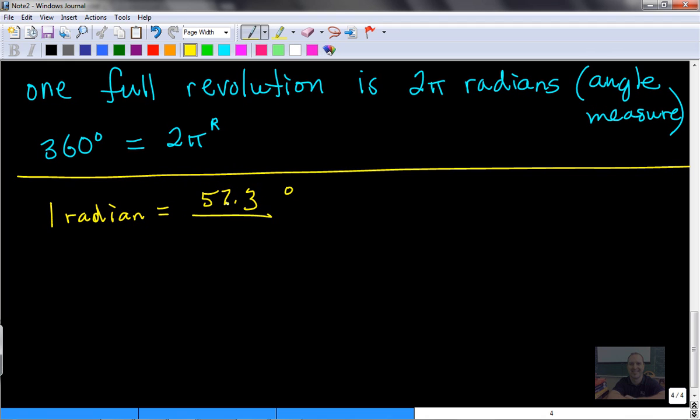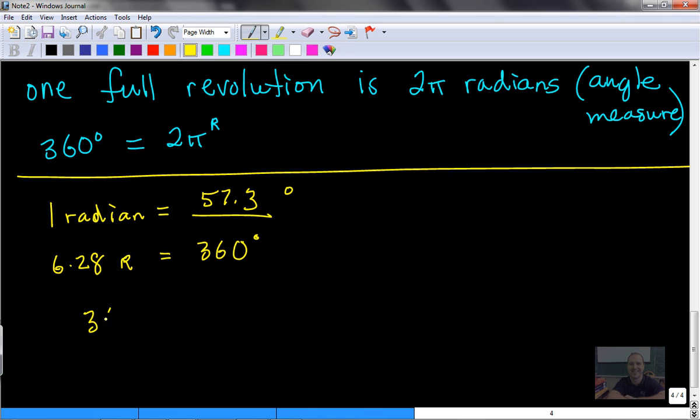Well, why isn't it 60? 1 radian is this many degrees because 6.28 radians is 360 degrees.